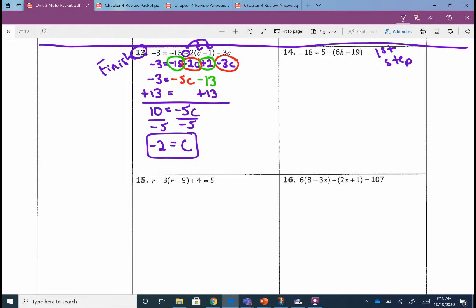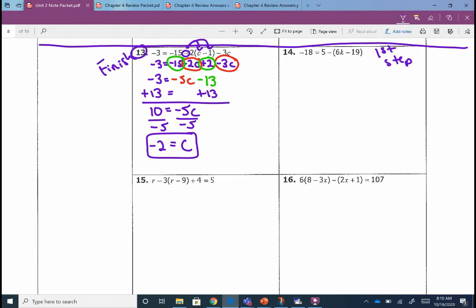And I put it in different colors so you see where they're coming from. So negative 2c, negative 3c gives me my negative 5c, which I wrote in red. Negative 15 and positive 2 gives me negative 13. So I circled in a different color the things that I combined.